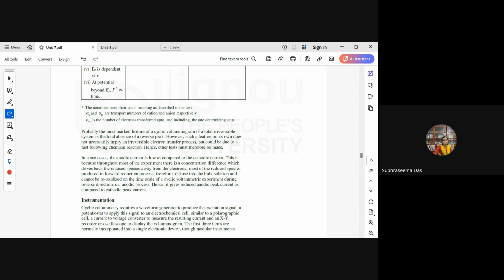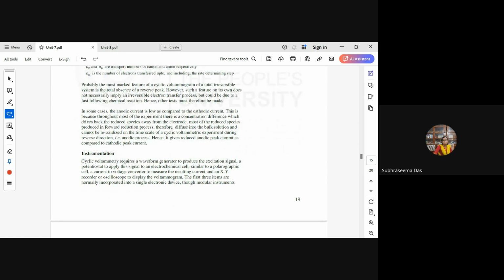Hence the time scale of the CV experiment in the anodic process is longer, and thus it gives a reduced peak current as compared to the cathodic peak current. So this is one of the lacunae of cyclic voltammetry that is usually encountered.